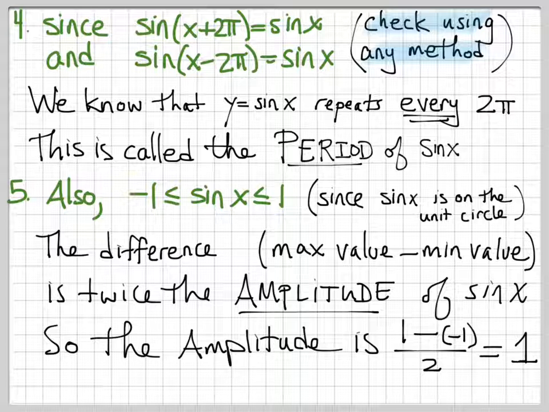And what this means, and this is super important terminology, is that sine repeats every 2 pi, and the fancy word for repeating is the period. Sine and cosine and all of these functions are called periodic. It's because you only need to know a little bit, and then the rest of the graph is just that copied over and over again exactly. And so the period of sine x is 2 pi.